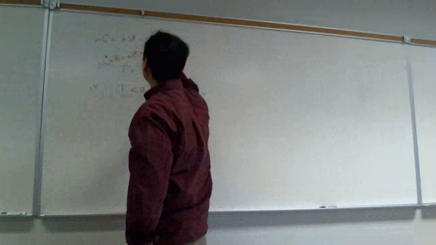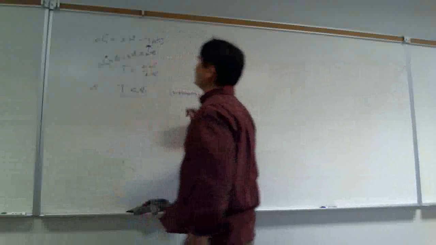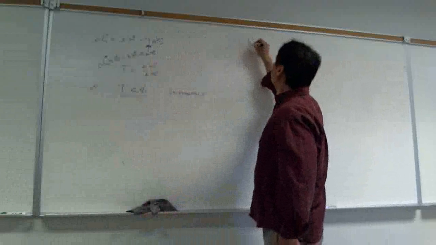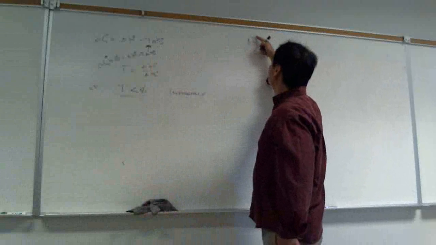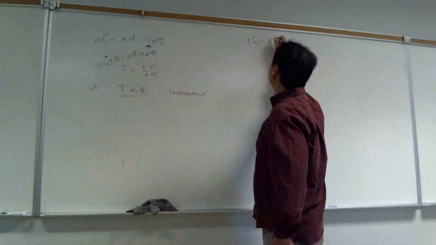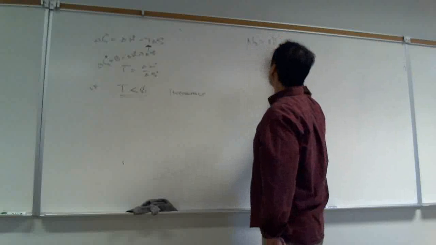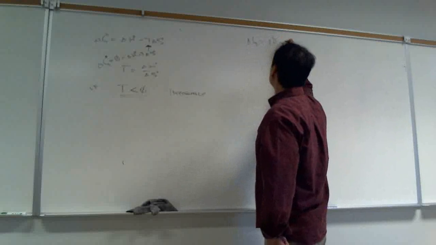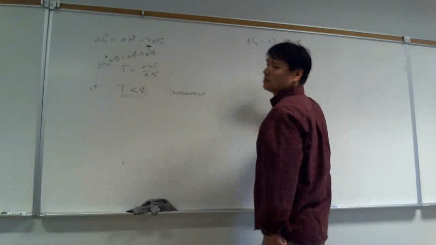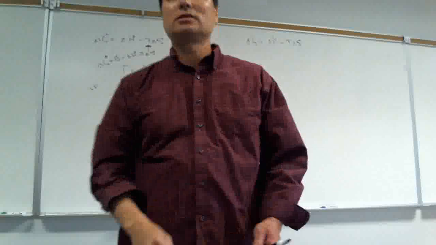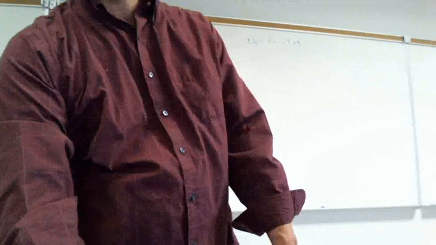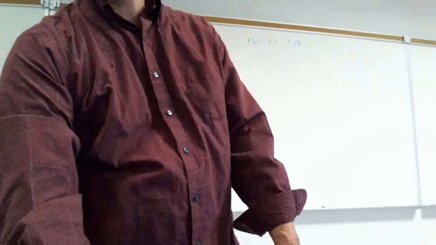If we have data under non-standard conditions, that's fine too. Under non-standard conditions, we don't write that little superscript there, and we get this equation. Delta G under non-standard conditions is equal to delta H under non-standard conditions minus T delta S under non-standard conditions, right?